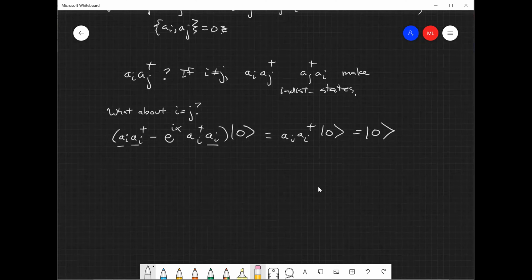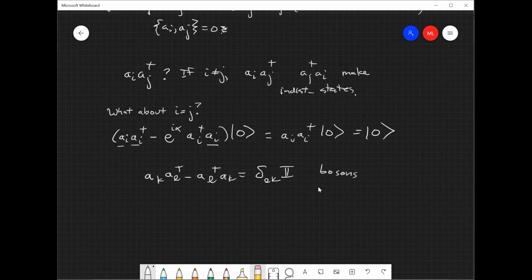So what we'll actually have is that the mixed cases are as follows: a_k a_l dagger minus a_l dagger a_k is equal to delta_lk times the identity for bosons.